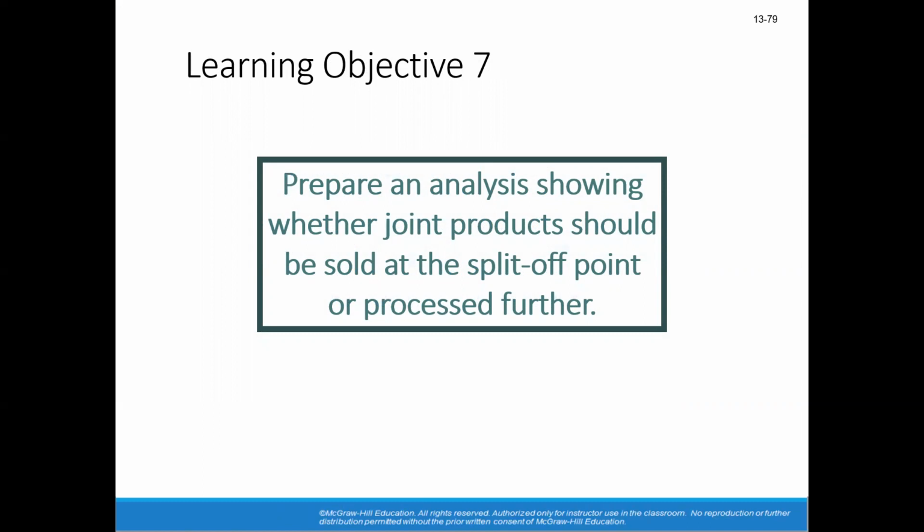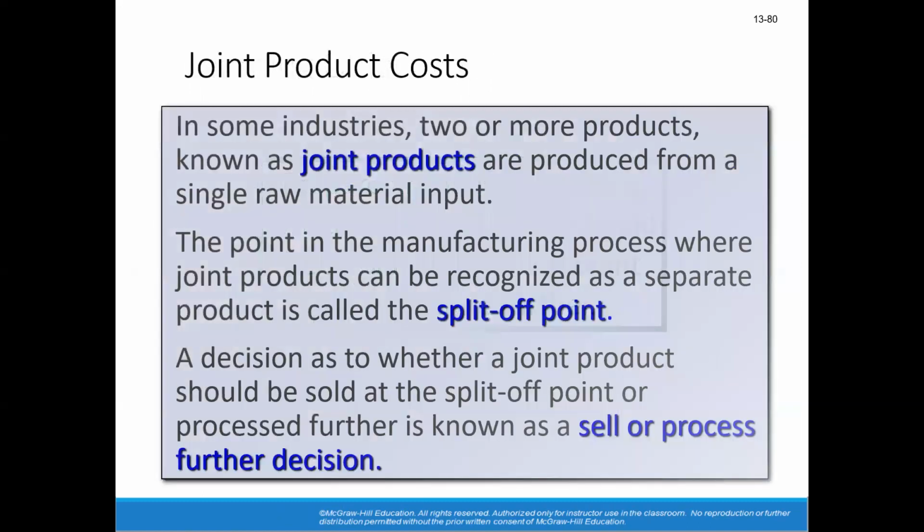Prepare an analysis showing whether joint products should be sold at the split-off point or processed further. Okay. In some industries, 2 or more products known as joint products are produced from a single raw material.